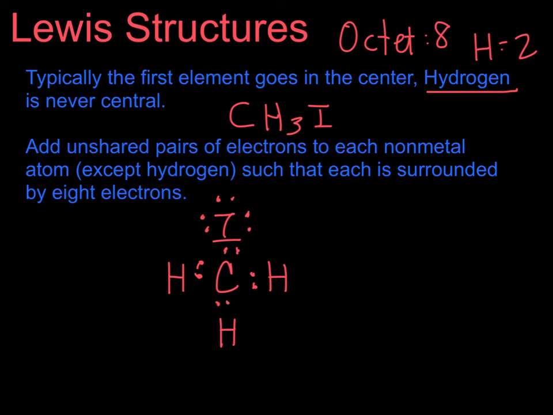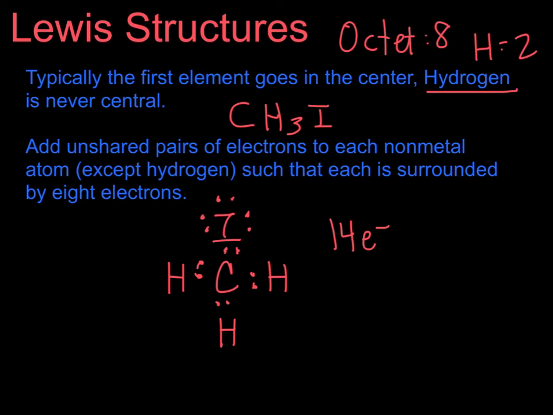If you recall from our previous discussion, this model was supposed to have a total of 14 electrons. So we need 14 dots represented here. If we count, we have 2, 4, 6, 8, 10, 12, and 14. So we know that our structure is correct.